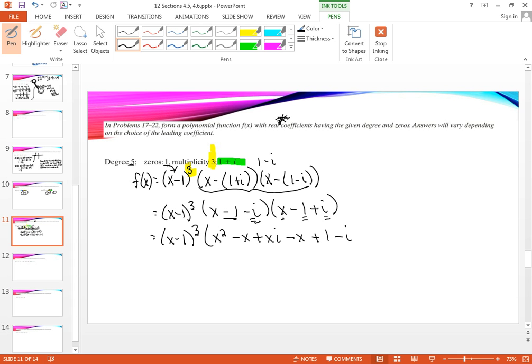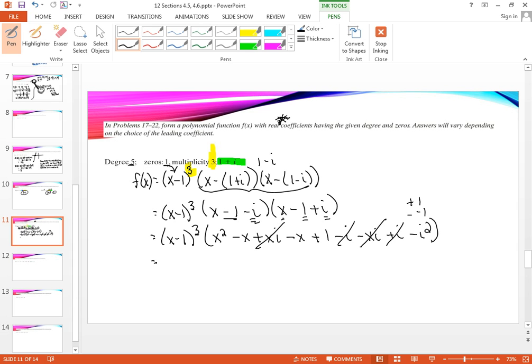And then I'm going to take the minus i times all 3 pieces: minus xi plus i minus i squared. Okay. So let's see, this and this add to 0. This and this add to 0. Do you remember the minus i squared? Do you remember that i squared is negative 1? So this is actually the same thing as plus 1 out there on the end.